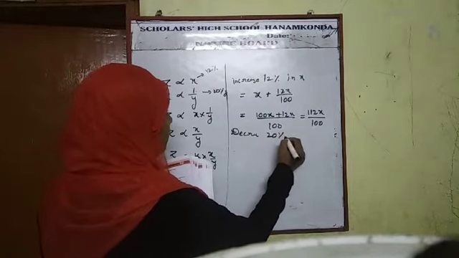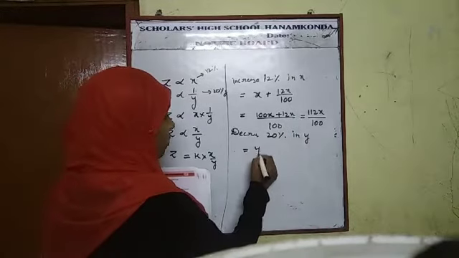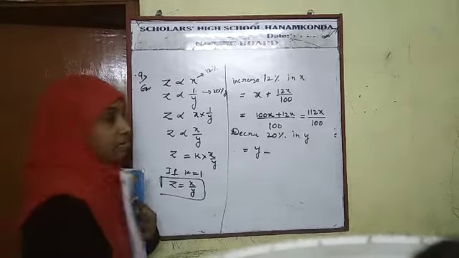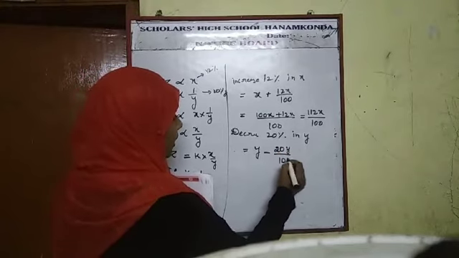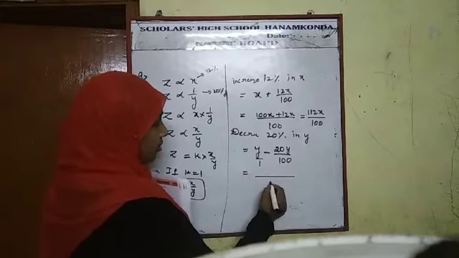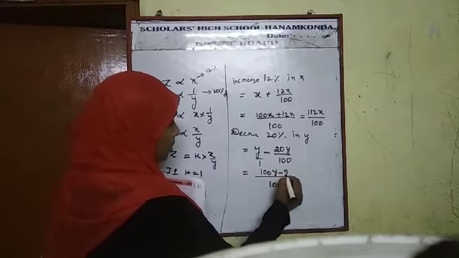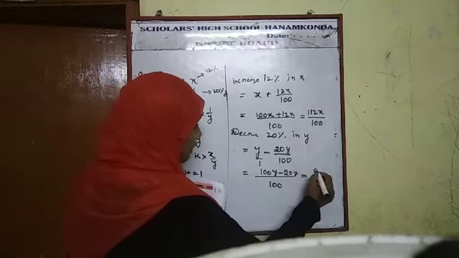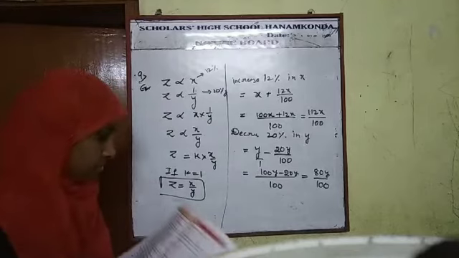Next, decreasing 20% in y. So what is that? y minus, decreasing, now I am writing minus, how much? 20%, 20y by 100. Again do the LCM. Take that by 1. LCM 100, 100 ones are 100 into y. 100y minus 20y. How much you get? 80y by 100.